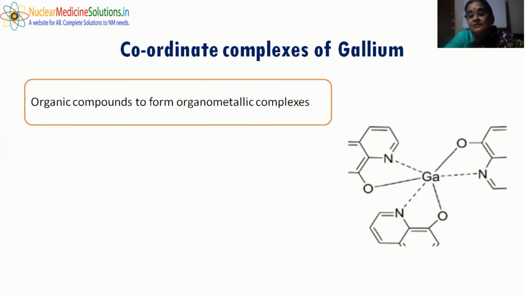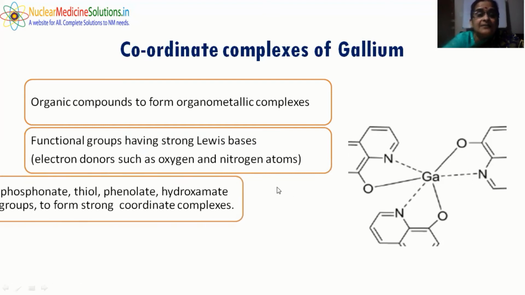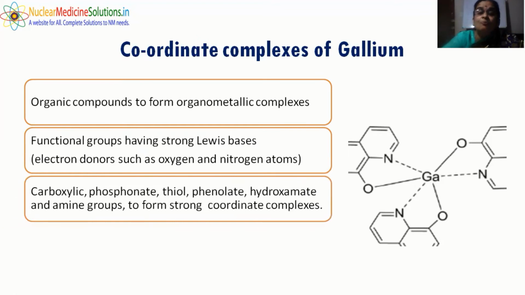But all the others, like this amine, as you can see in the next point, are functional groups having strong Lewis bases, electron donors like oxygen and nitrogen atoms, as you can see in this small example. These will be the carboxylic group, phosphonate group, thiol, phenolate, hydroxamate, and amine groups to form strong coordinate complexes.